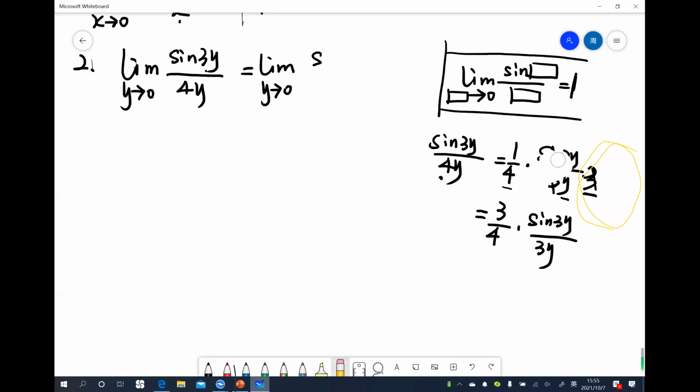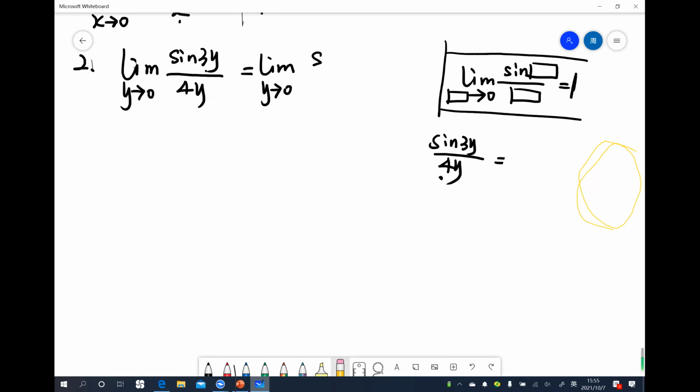Please remove the circle. Here, if I want to use this formula, we know that these 2 parts should be the same. So here we write sine 3y, we see sine 3y. So if I want to use this formula, here must be 3y, right?